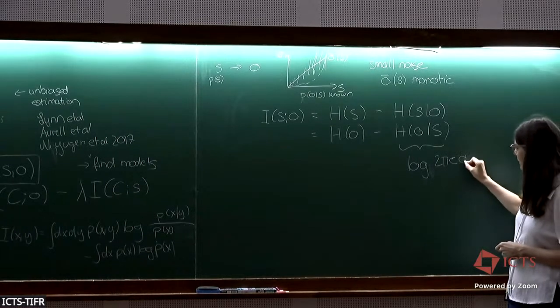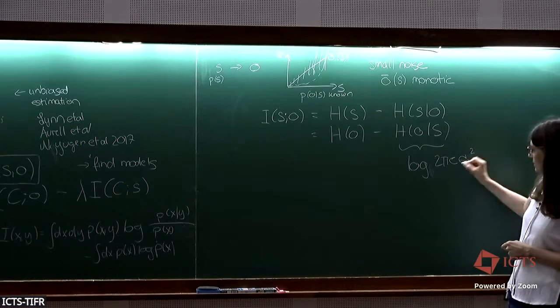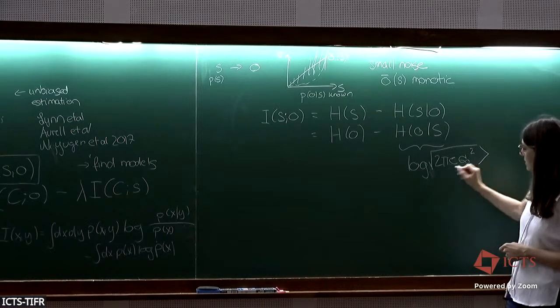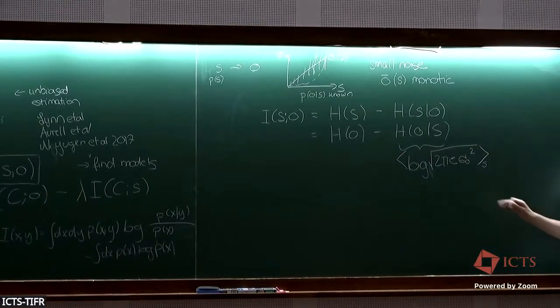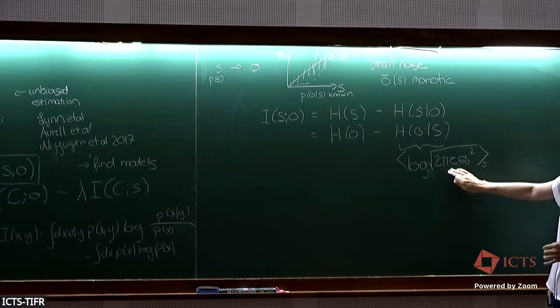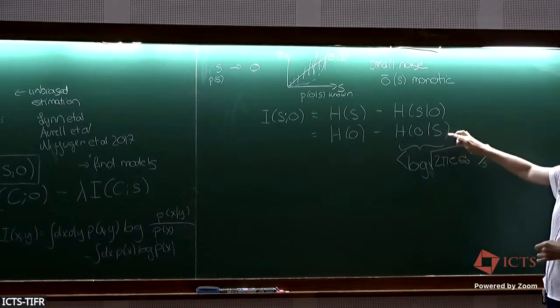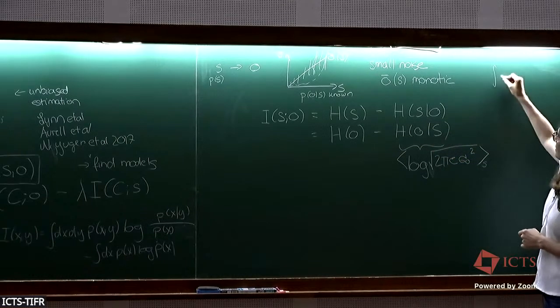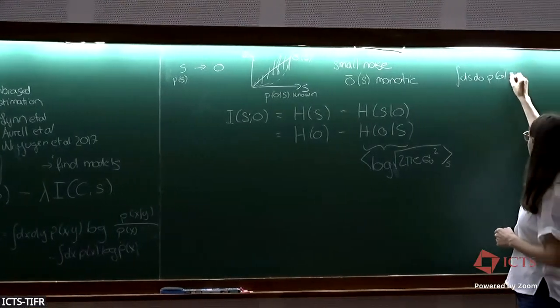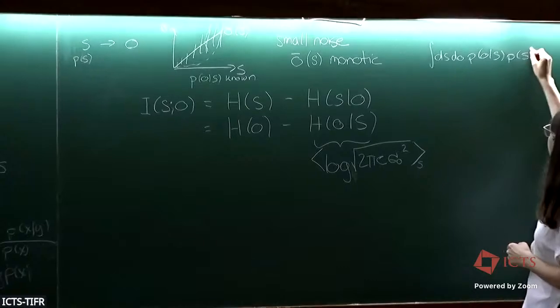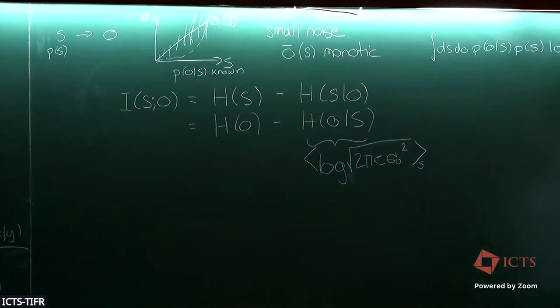You get this expression where you do the average over S. I haven't shown you how to do this, but the way you see this is that you basically have an integral ds do given S, log do given S.